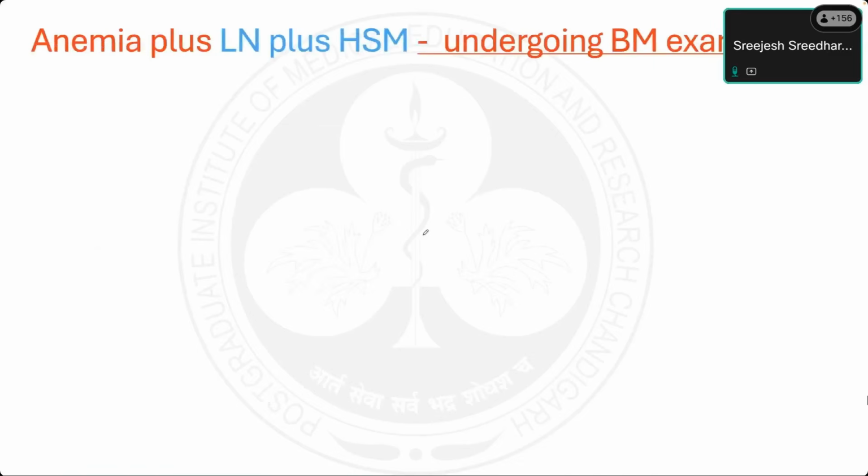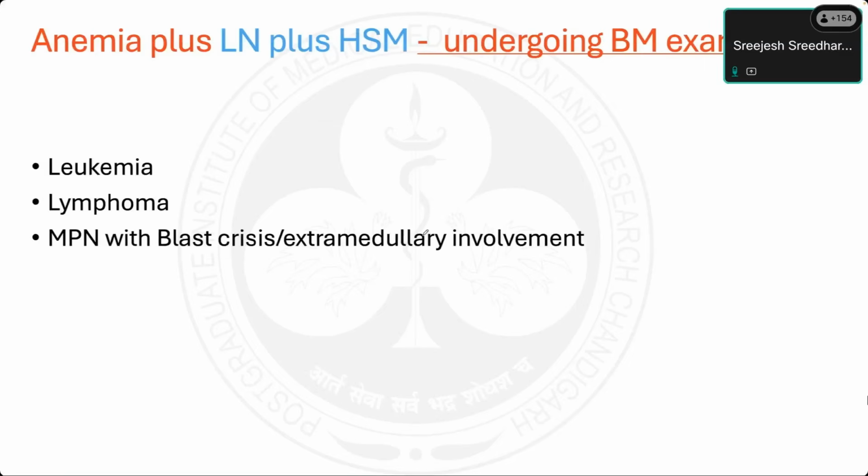So what are the differential diagnoses for anemia with lymphadenopathy plus hepatosplenomegaly in someone undergoing bone marrow examination? There might be plenty of causes, but suppose a clinician is ordering a bone marrow examination in such a situation, we should think about a leukemia, a lymphoma, a myeloproliferative neoplasm in blast crisis or with extramedullary involvement, because usually the MPN will not have lymphadenopathy, but if it is presenting in blast crisis or sometimes with extramedullary involvement, the lymphadenopathy might be there.